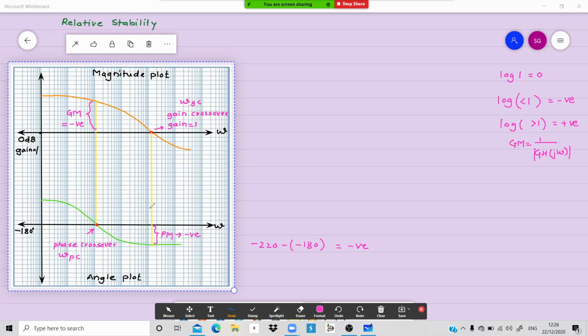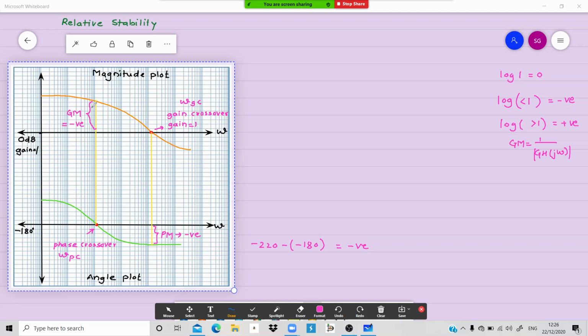Why is this happening? Because first omega PC is coming and then omega GC. So whenever omega PC is less than omega GC, your system is unstable, because phase will be less than minus 180 and gain will be on the higher side, more than 1. So the system is going to be unstable.